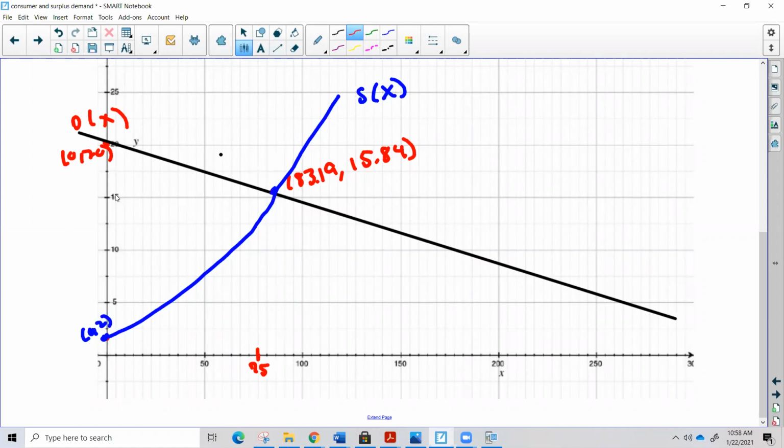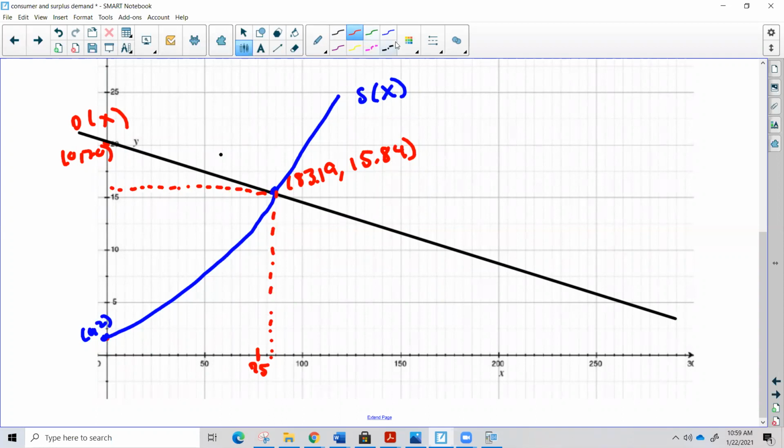And then we also want to draw in that rectangle, because you are going to have to shade the consumer surplus and the producer surplus. So the rectangle has a height of where this point is and then a width of where that point is.